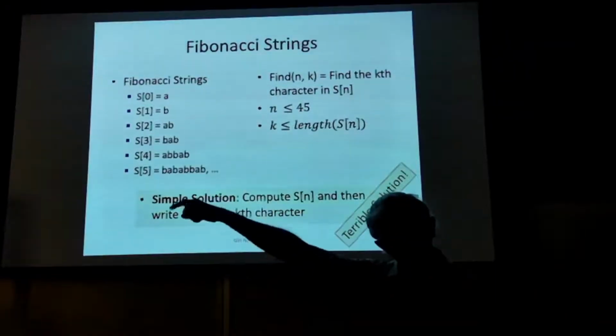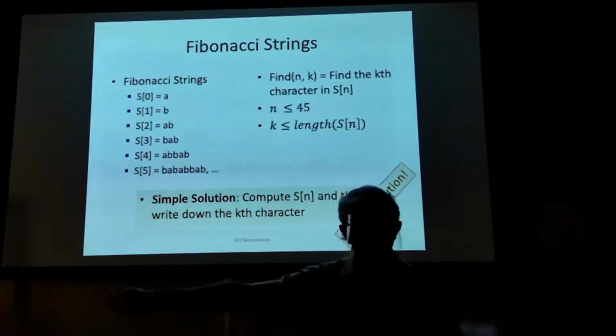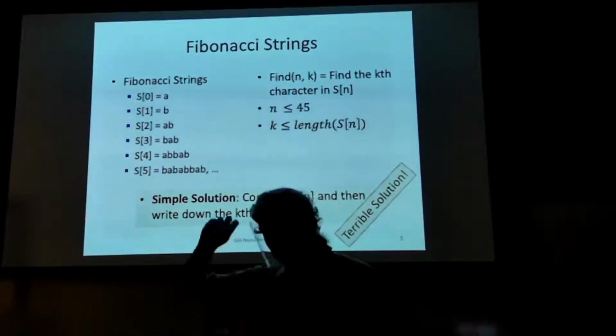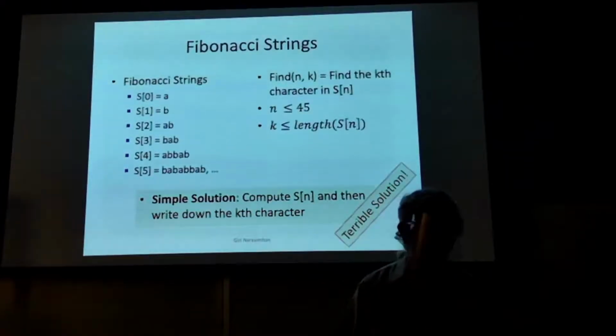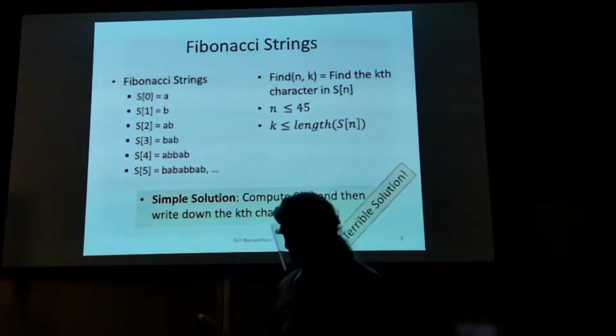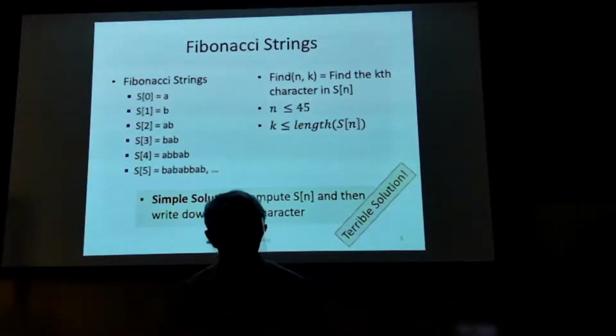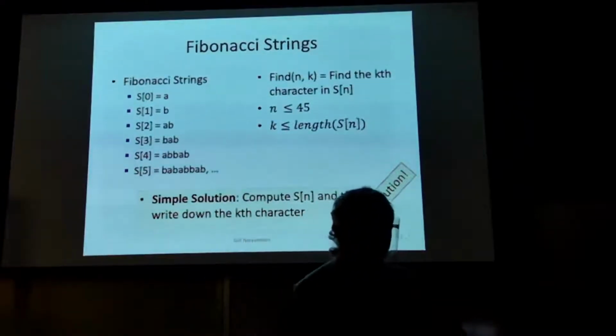And what if I asked you for the last character? You're going to have to go to the 45th. Forget about even the 44th. Just writing down the 45th sequence itself is going to be too long, and that's enough to blow your code.